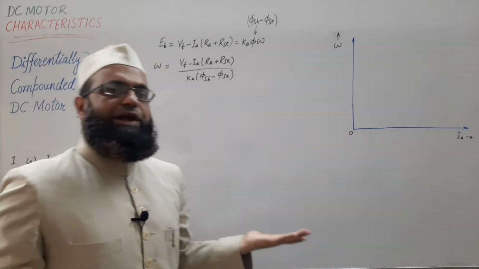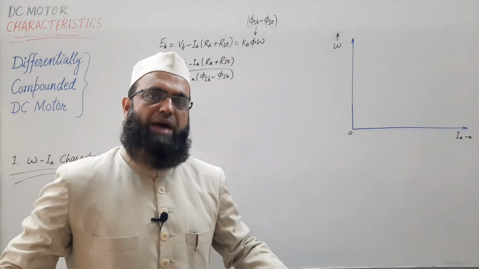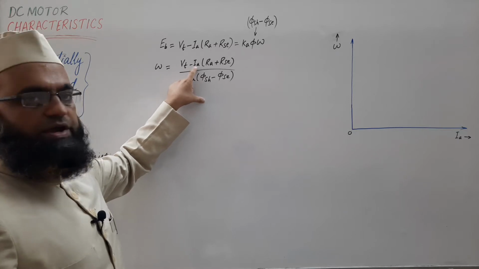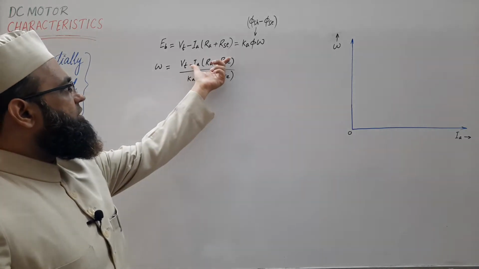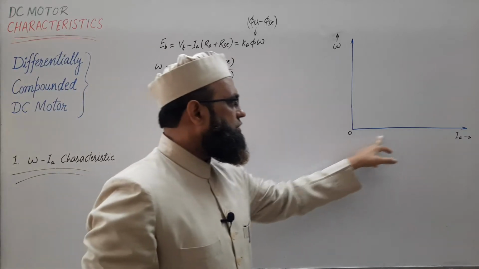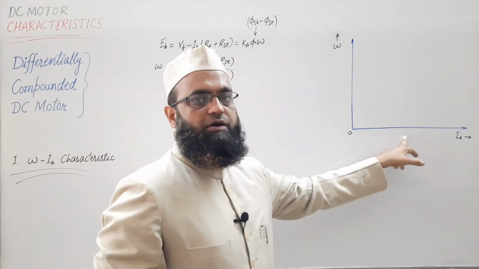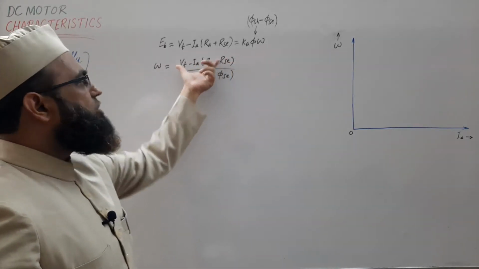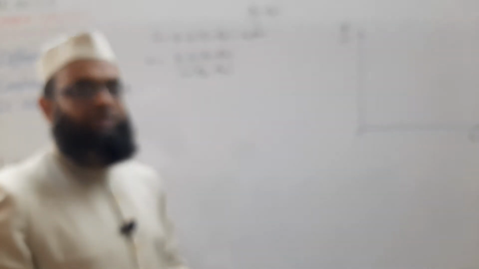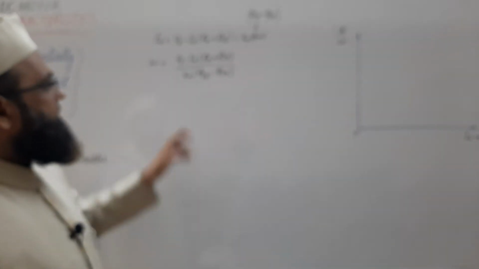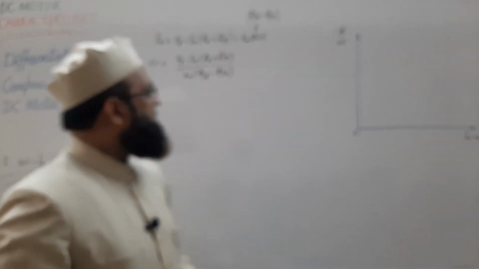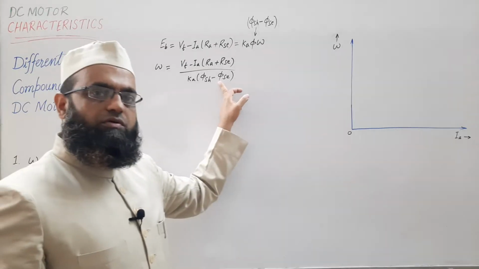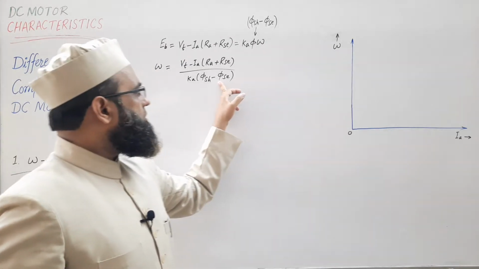Vt is also a constant quantity, the supply voltage which is already maintained. So with the variation of Ia, this will vary. Starting from 0, if we are increasing Ia, this magnitude will increase, hence overall numerator will decrease with Ia. When Ia is 0, this will be Vt upon Ka times (phi sh minus phi se), where phi se will also be 0, ignoring the residual flux.